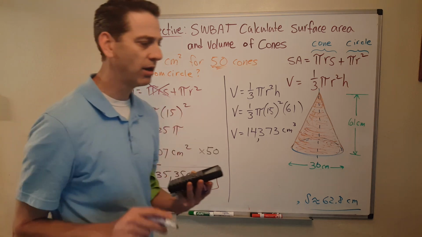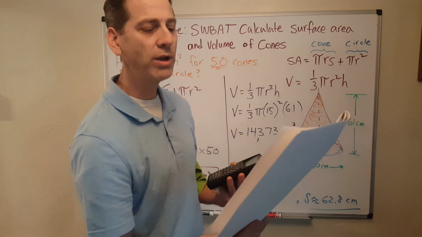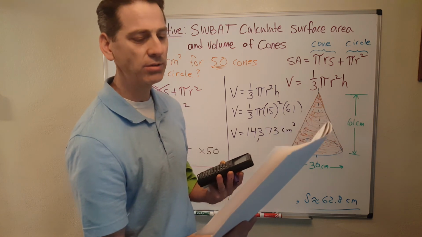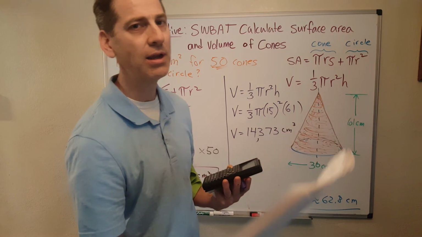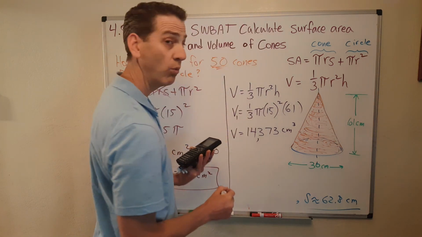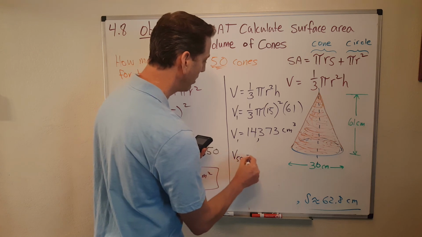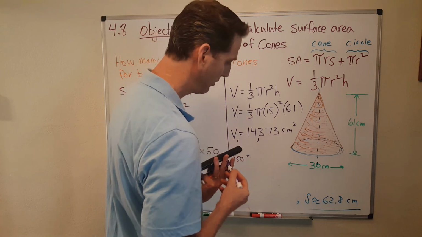Okay, now be very careful though. What's the question asking? The question is asking, how much space in cubic centimeters will 50 cones take up? This was only the volume for one cone. So the volume for 50 cones needs to be what?